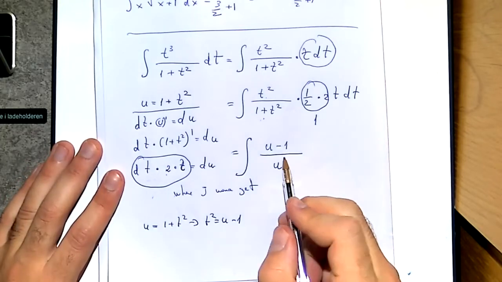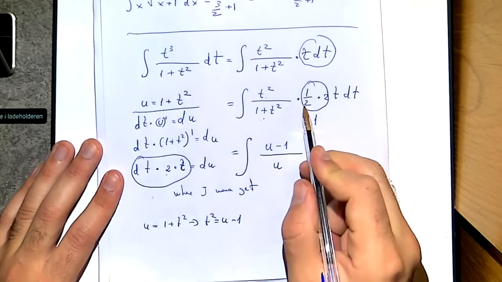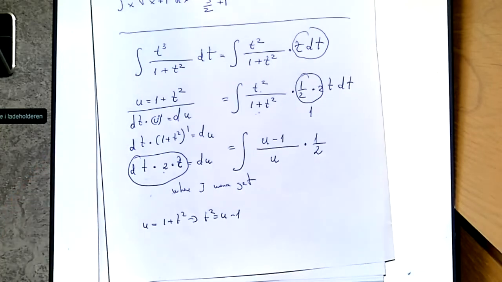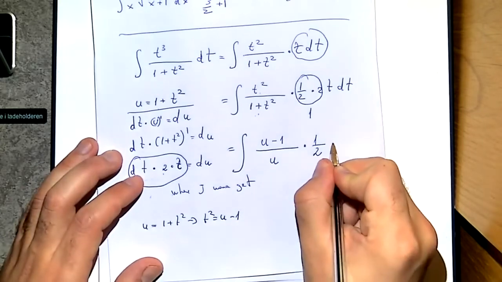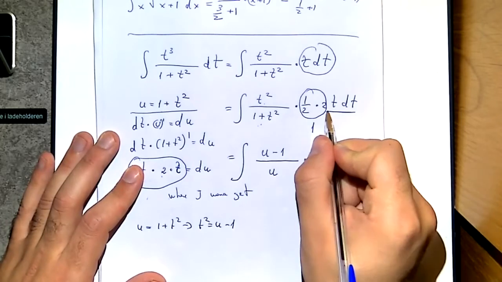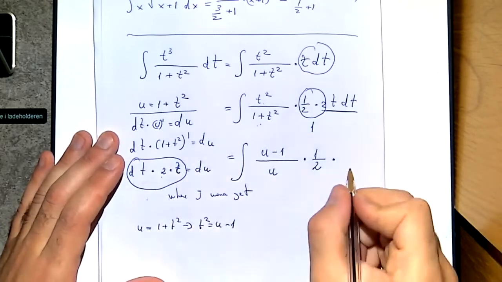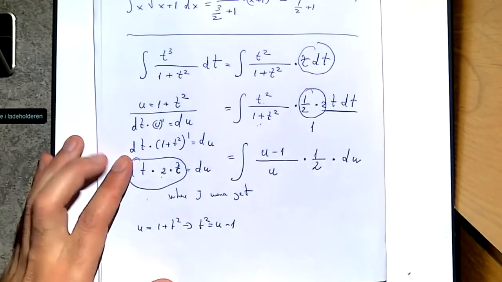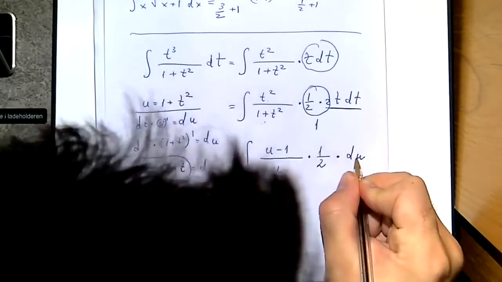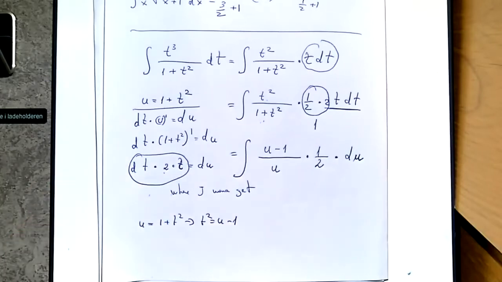Now, multiplied by a half, multiplied by, what do I have here? I have 2t dt, which was my du, multiplied by du. This is not a W, this is a u, by the way.